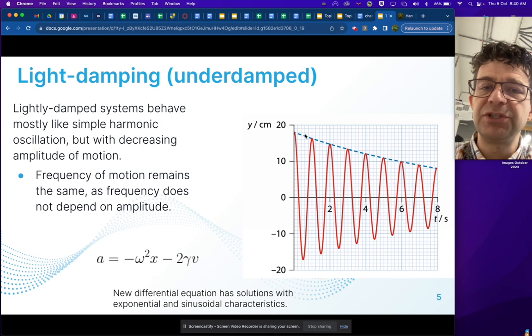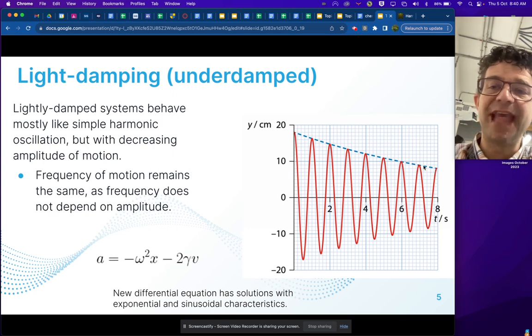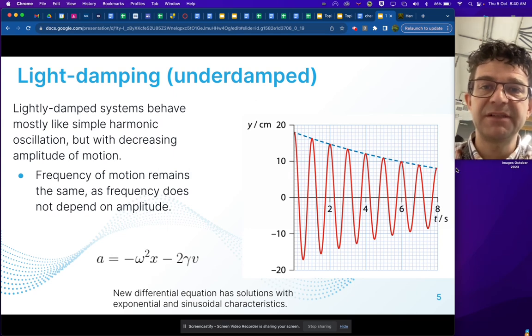But the amplitude does not remain constant. You can see here there's what we would call an exponential envelope that shows a decreasing value for the maximum amplitude as the energy is removed from the system and transferred into the fluid that this is moving through.